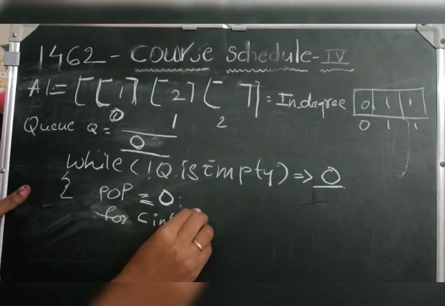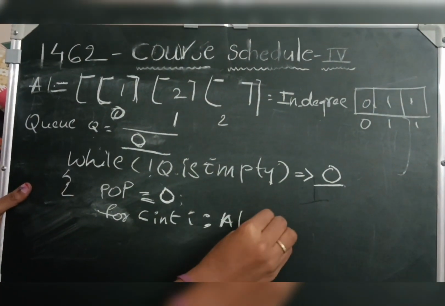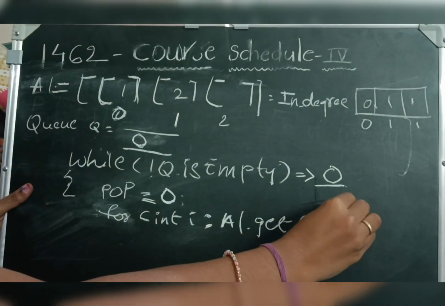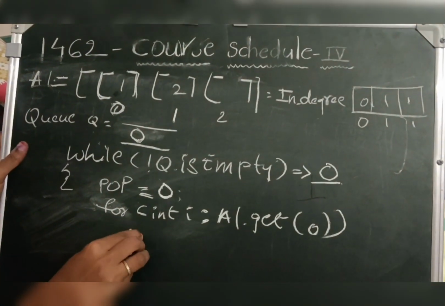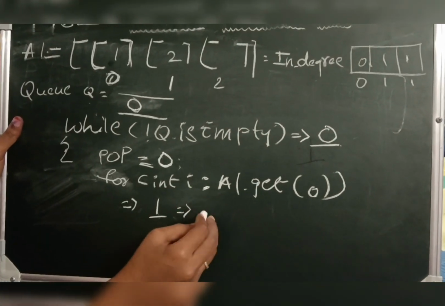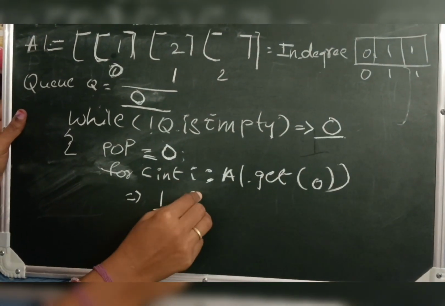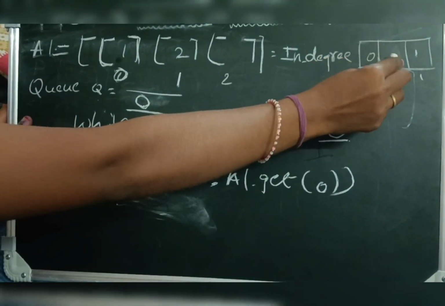When we take the array list get of 0, what do we get? There is only one element, that is 1. So we have to decrease the Indegree of 1. The Indegree of 1 goes to 0.